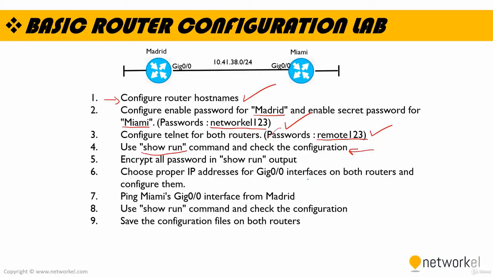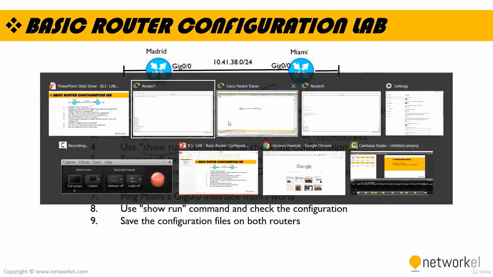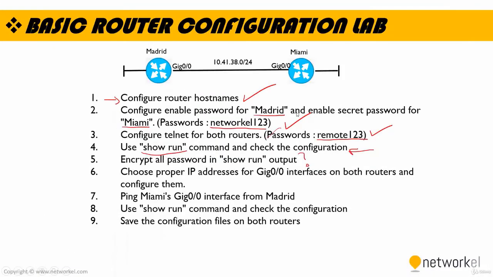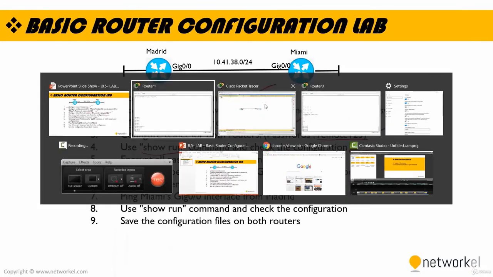Alright, everything is going fine for me now. And our fifth step is saying to encrypt all passwords in show run output. How can we do it? To accomplish this, I need to go to the Madrid, which my password is not encrypted.